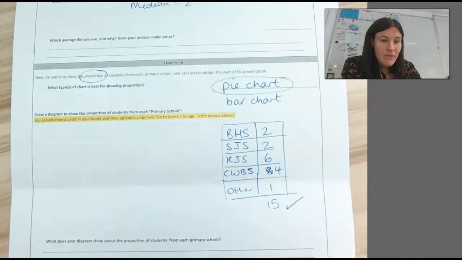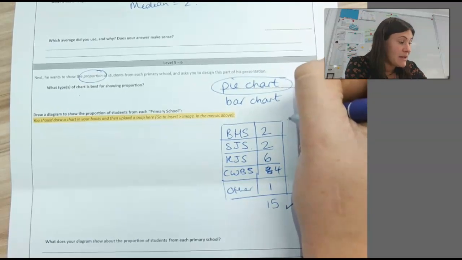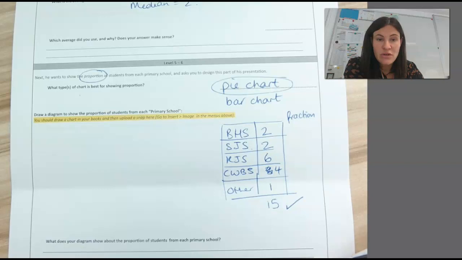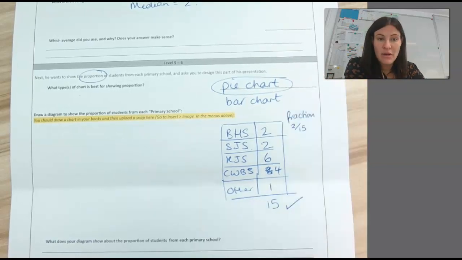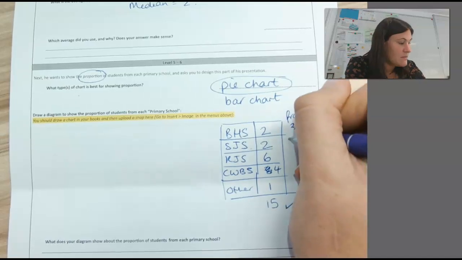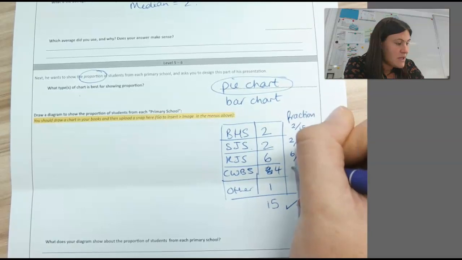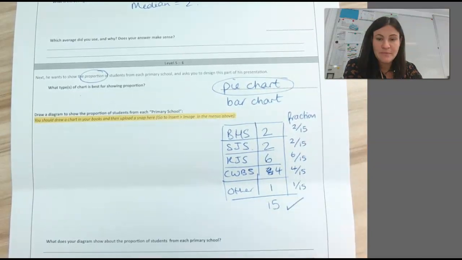So one way to think about this is as fractions, and then we'll turn that into an angle. As a fraction, 2 out of 15 students went to Beacon Hill. So I want 2/15 of my pie chart to represent Beacon Hill. Same here, I want 2/15, 6/15, 4/15, and 1/15.